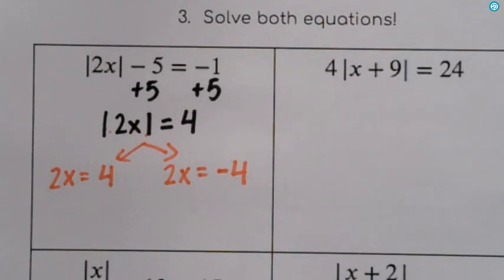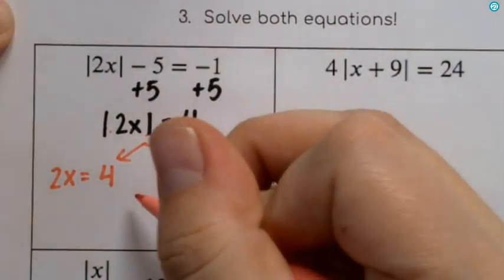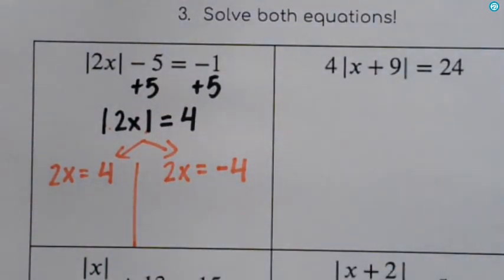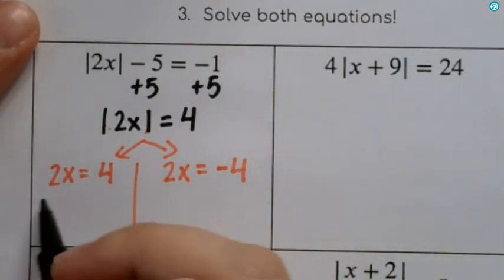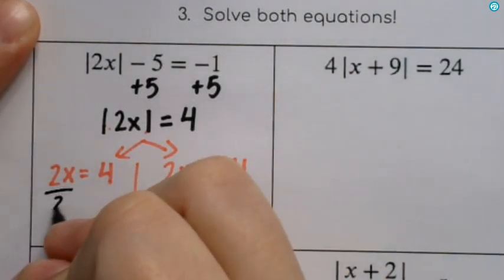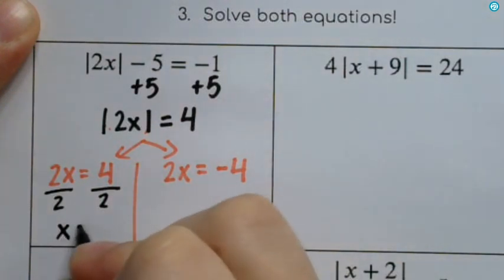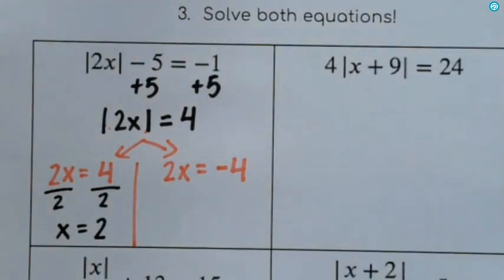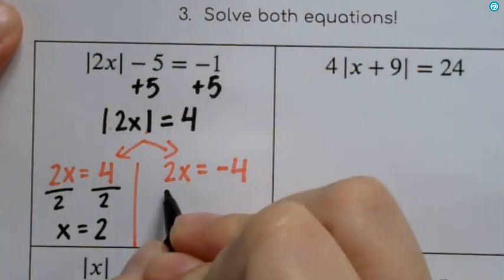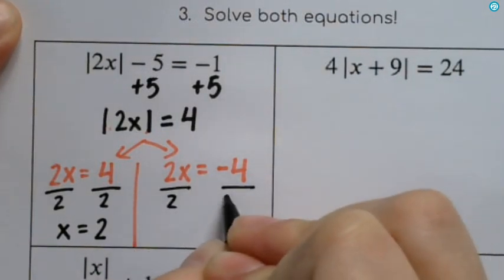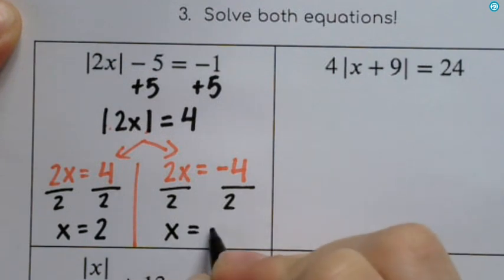Once you split, you have 2 separate equations, and you are just going to solve these separately. So, 2x equals 4, divide by 2 on both sides. You'll get x equals 2. 2x equals negative 4. Divide both sides by 2. X equals negative 2.